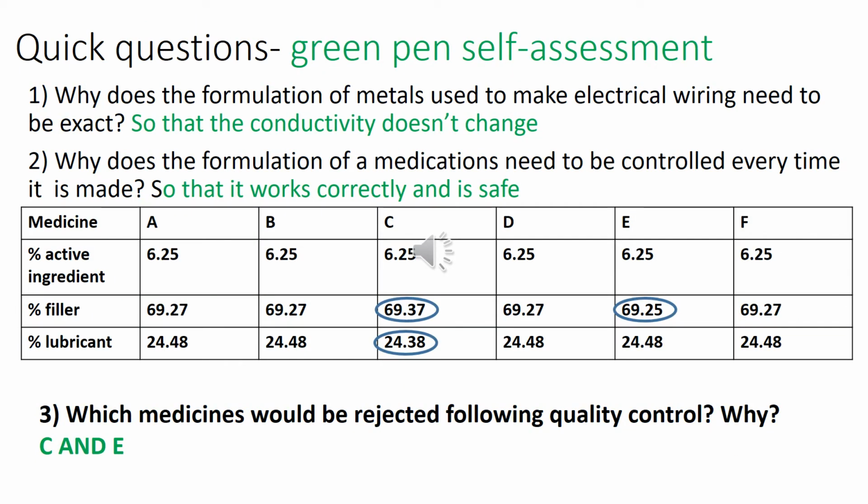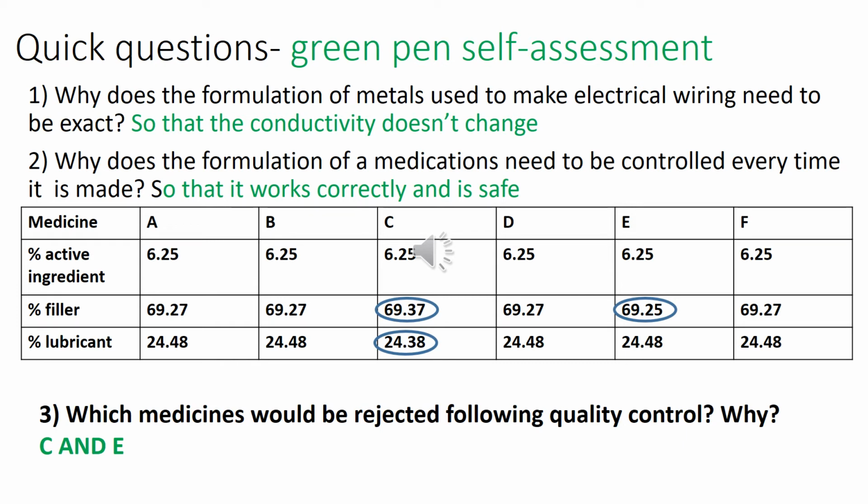Right, so you can start to mark your work. For question number 1, why does the formulation of metals used to make electrical wiring need to be exact? So the answer is so that the conductivity doesn't change. For question number 2, why does the formulation of a medication need to be controlled every time it is made? The answer is so that it works correctly and is safe.